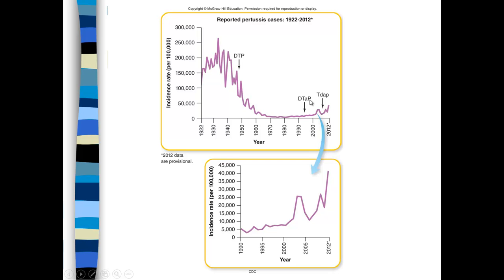In some cases, it can actually cause what's called parapertussis. Here's the Tdap vaccine that has a lower dose of acellular pertussis given as a booster shot. And you can see, because this is a less effective vaccine, the incidence rate in the United States is going up, and it's higher and higher and higher. Okay.